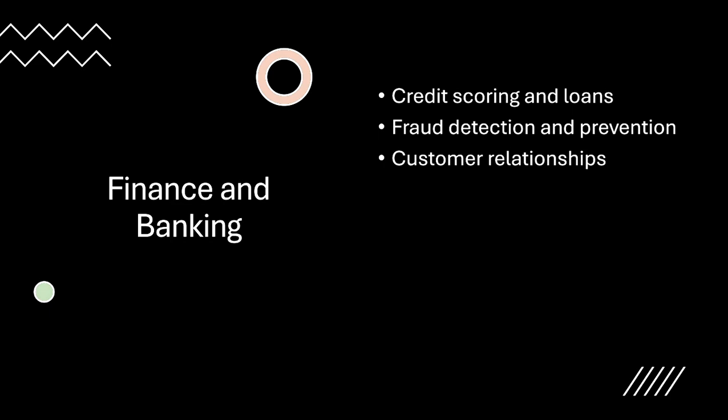These models are also used for fraud detection systems to identify suspicious transactions and help make algorithms for preventing these kinds of actions in the future. It also helps with customer relationships by optimizing customer acquisition, retention, and cross-selling strategies.